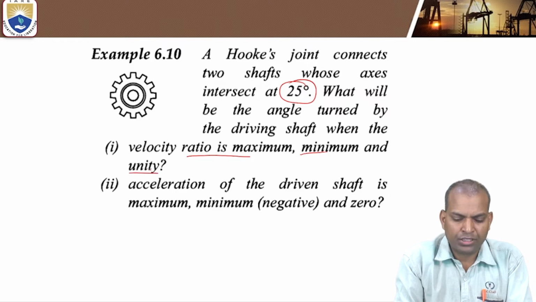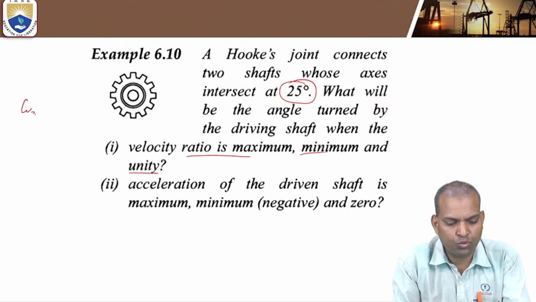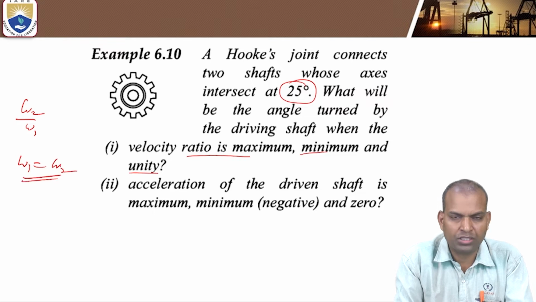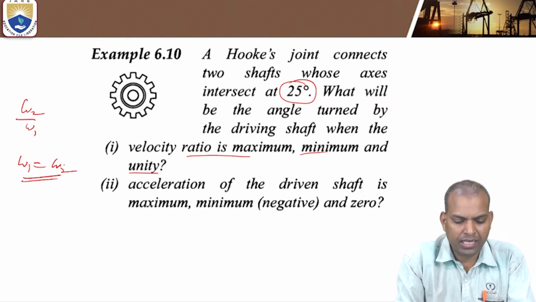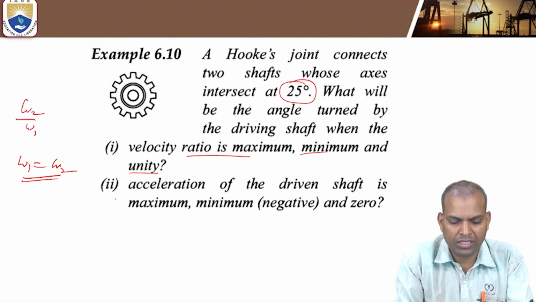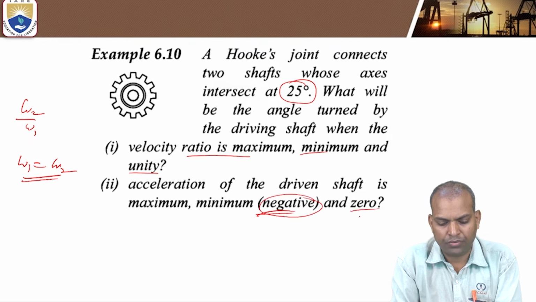Maximum means omega 2 by omega 1 is at its maximum condition. Unity means omega 1 equal to omega 2. The second objective is when the acceleration of the driven shaft is maximum, minimum and 0. Minimum means negative, and 0.